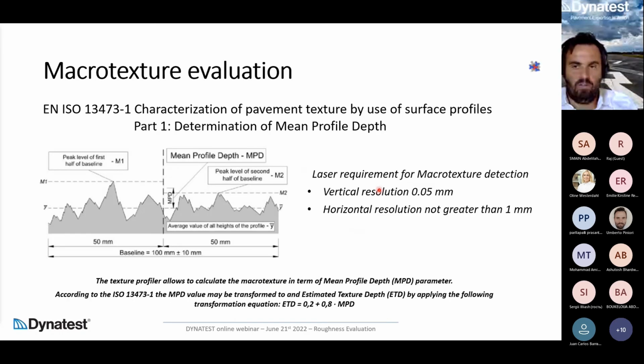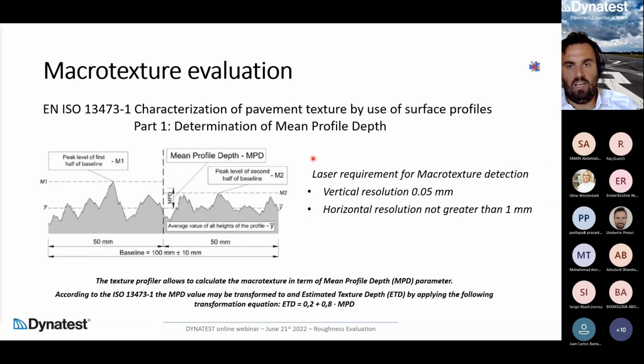So the technology allows us to measure the macro texture using lasers. The standard as reference could be the ISO, also the previous one, and this one is the ISO 13473-1. And of course, what's changed?